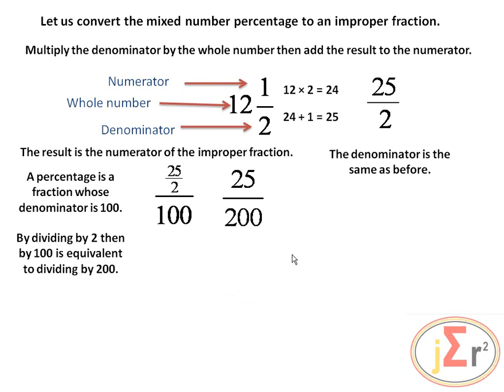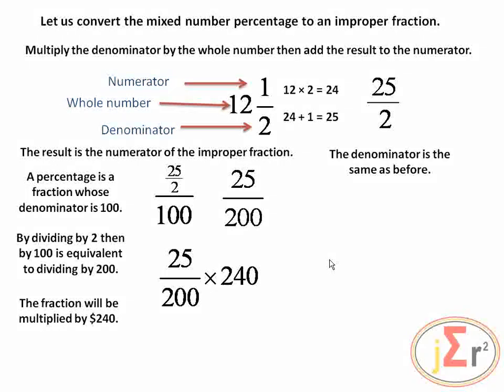So we have instead 25 over 200. The fraction will be multiplied by 240. Right. And of course, we are already seeing how horrible the situation that we find ourselves in is by being unaware of, or just not making use of, the facts that we have.